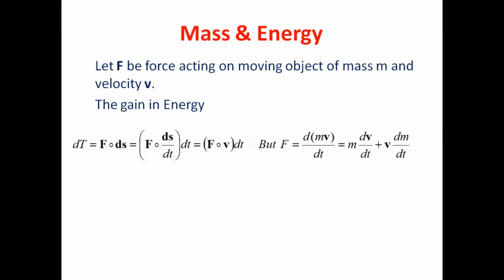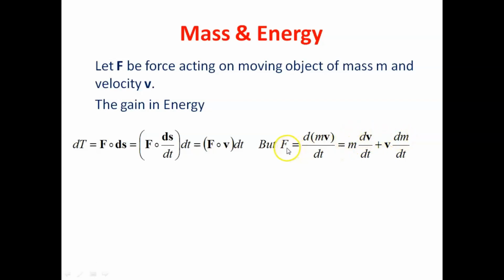So here we can replace force by the rate of change of momentum, and we cannot take the liberty to consider m to be constant. Here mass is velocity dependent, and the parametric variable being time, we shall treat the derivative of a product of two functions as first function into derivative of second plus second function into derivative of first.